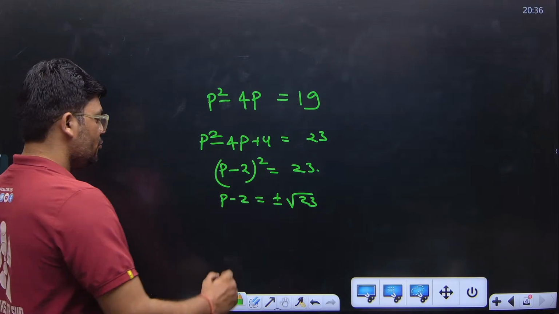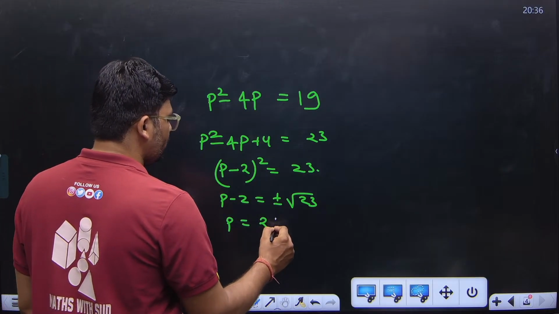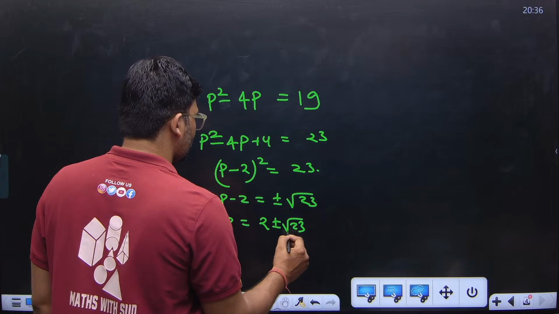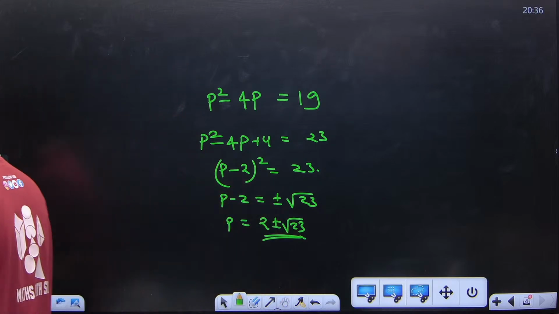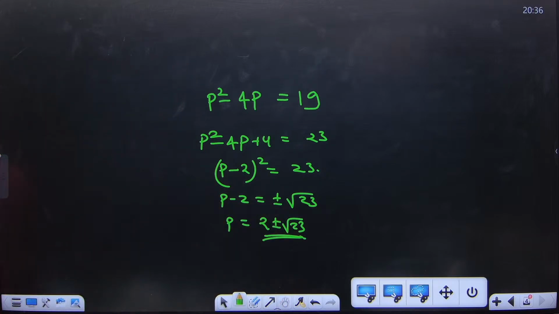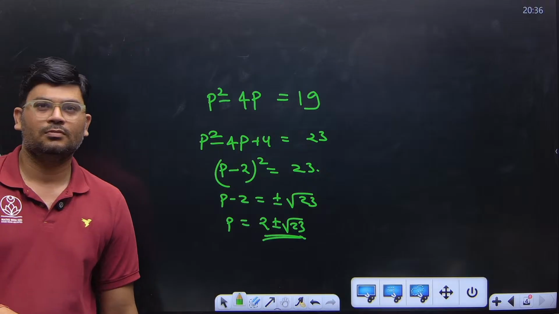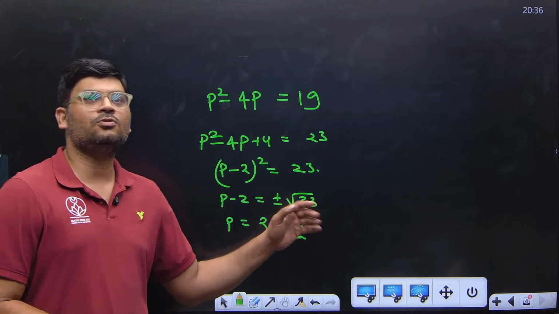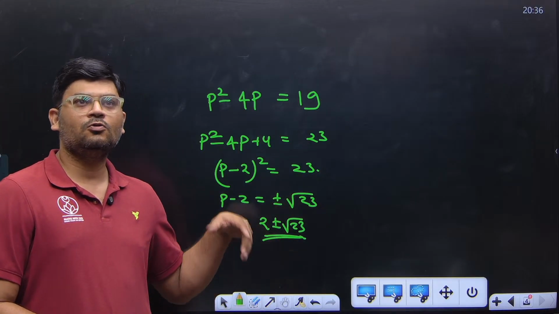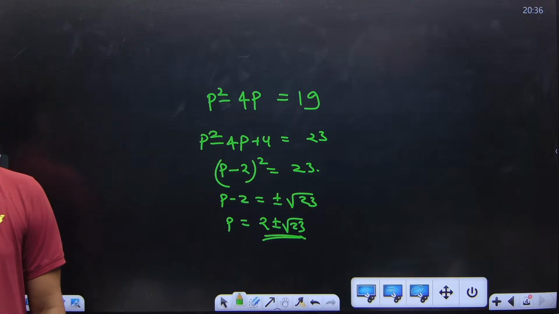So p will be equal to 2 plus minus under root 23. So you have to write 2 minus root 23, comma 2 plus root 23. Both of them.